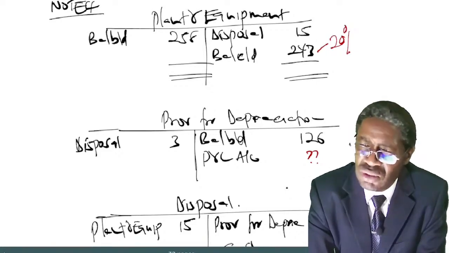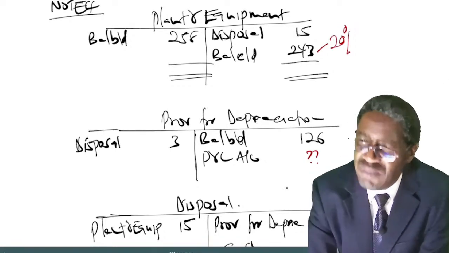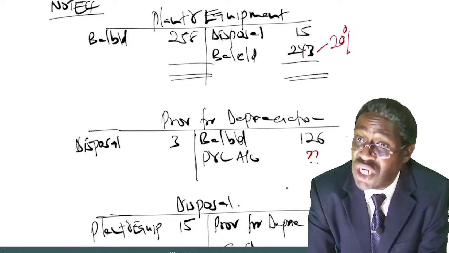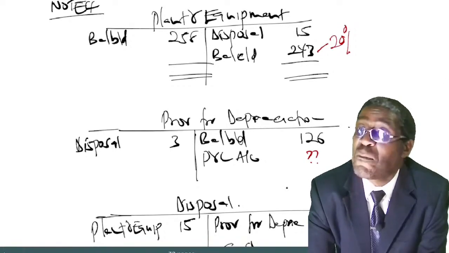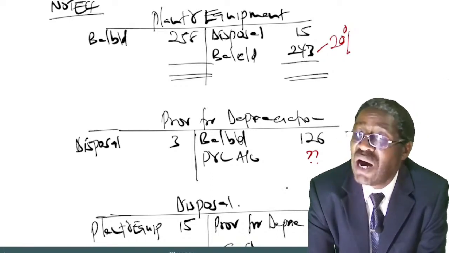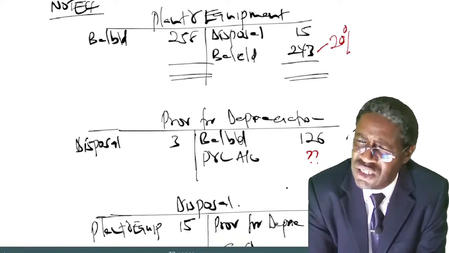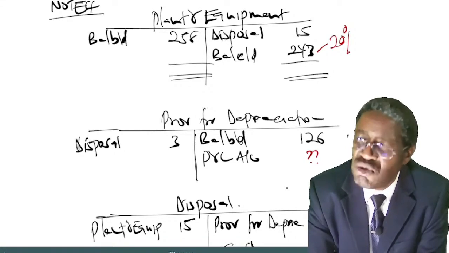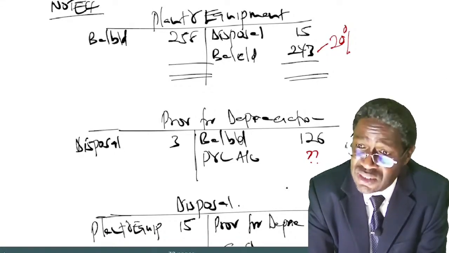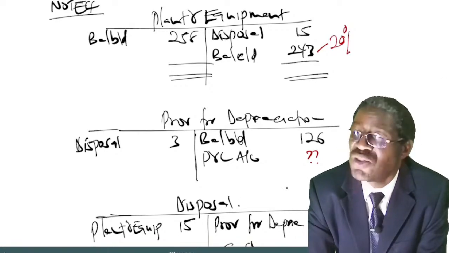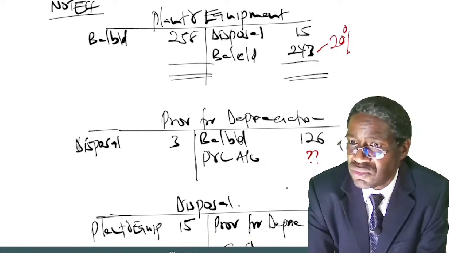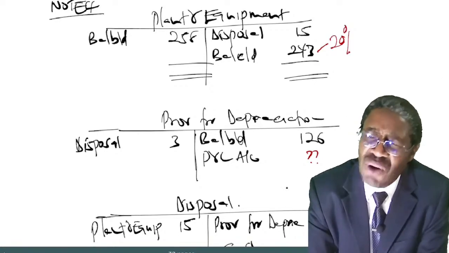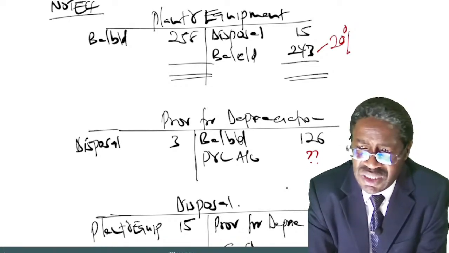And when you are using reducing balance method, to get the charge for the year, you apply a fixed percentage on the net book value of the asset, not on cost, on the net book value.